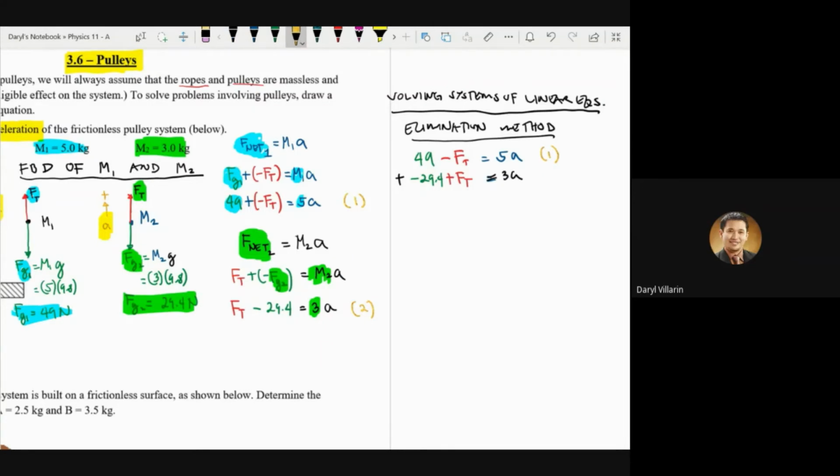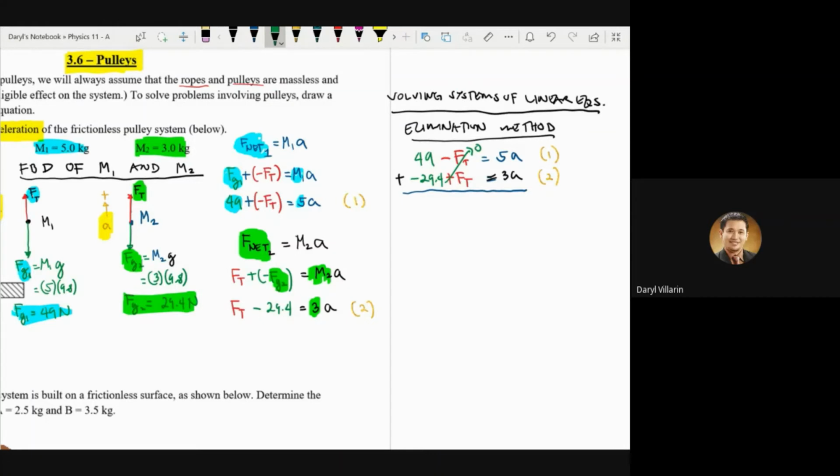It's called elimination because generally the method is to eliminate at least one variable, and you can do that by adding or subtracting the two equations. In this particular case, we're adding the two equations, so I'm eliminating my FT.